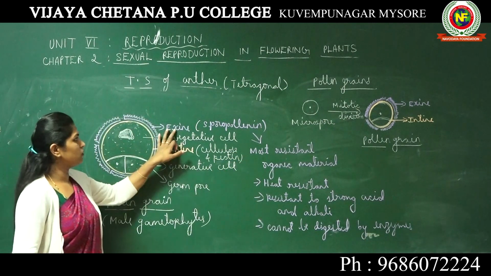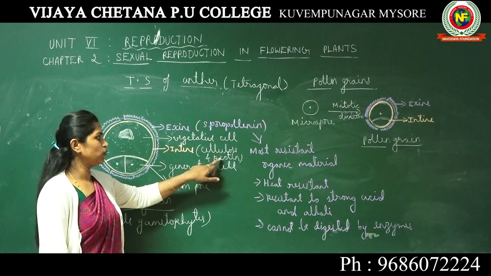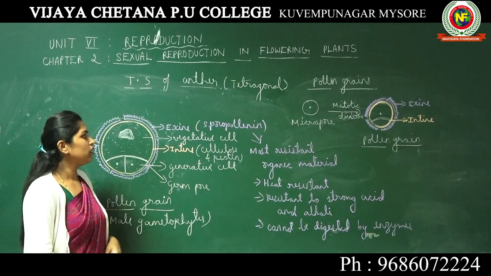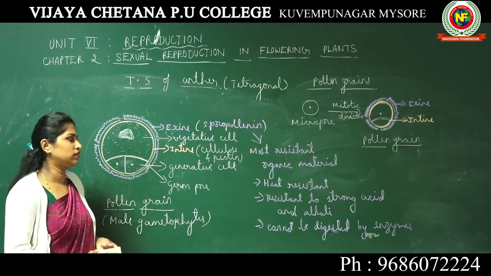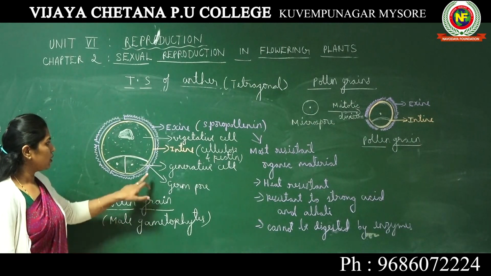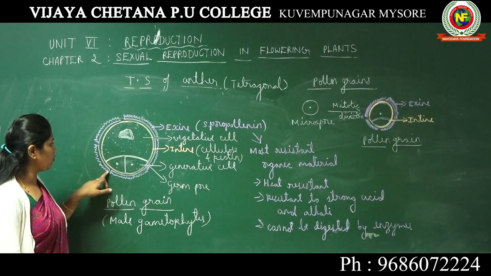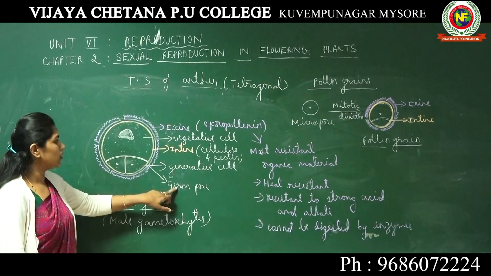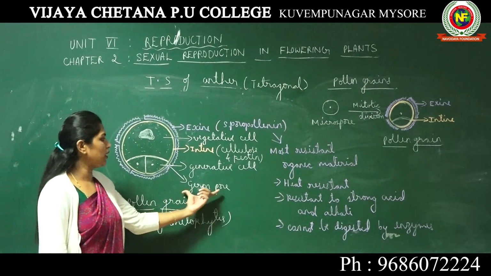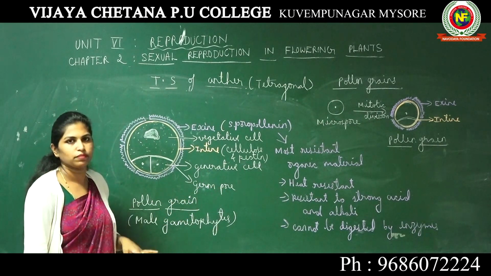So exine is made up of sporopollenin and intine is made up of cellulose and pectin, which is the normal cell wall material of plants. So this is the structure of pollen grain. In the outer wall, that is exine, you will find small pores called germ pores, which will help in the formation of the germ tube in the future.